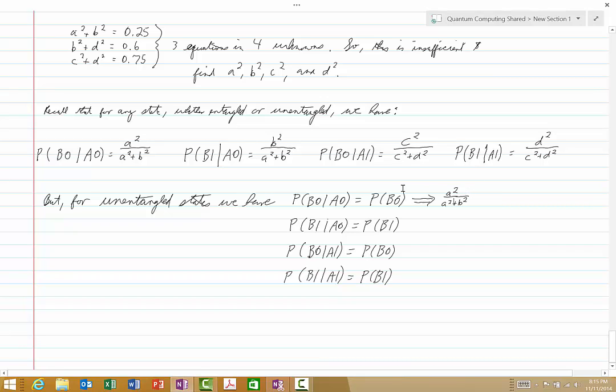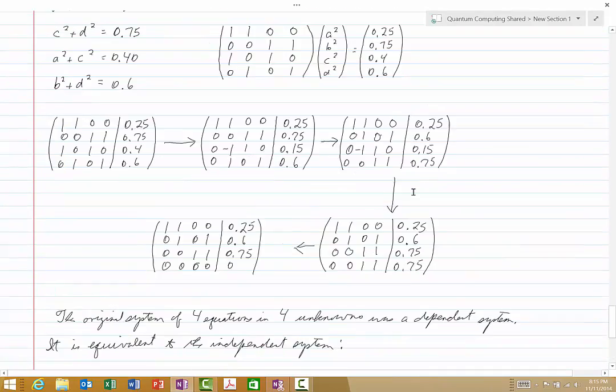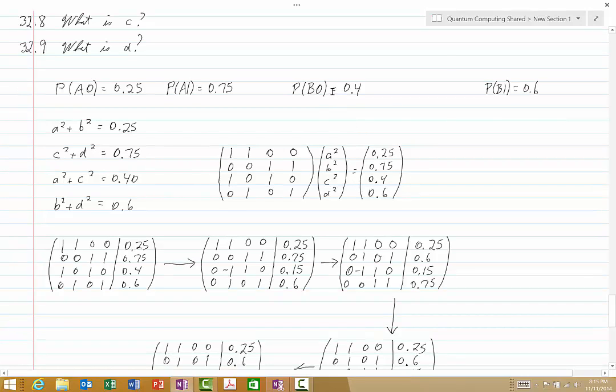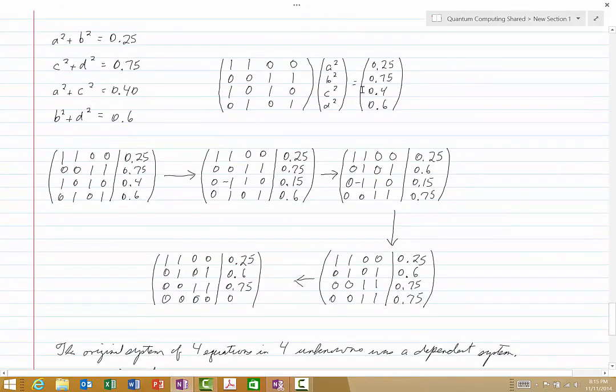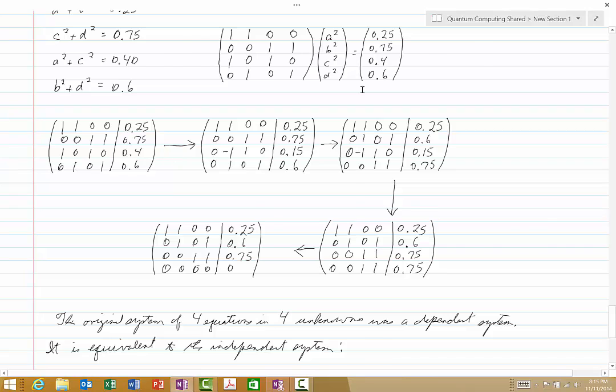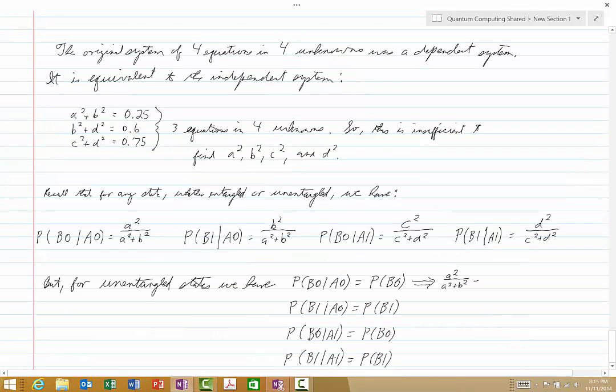And that is equal to P of B0, and we have found out up here that P of B0 is 0.4. And the second equation, P of B1 given A0, well, we can use that one.